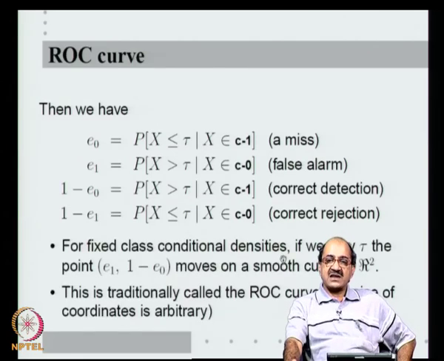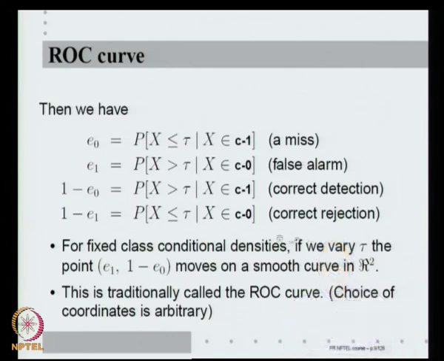for any fixed class conditional densities, as we vary tau, these numbers keep changing. So, if I choose the point E 1 comma 1 minus E 0 for different taus, I have different values of E 1 and E 0, and hence different values of E 1 and 1 minus E 0. So, if I look at the E 1, 1 minus E 0 space, which is R 2, and for each tau I note down the point, then for fixed class conditional densities, as we vary tau, the point E 1, 1 minus E 0 moves along a smooth curve in R 2.